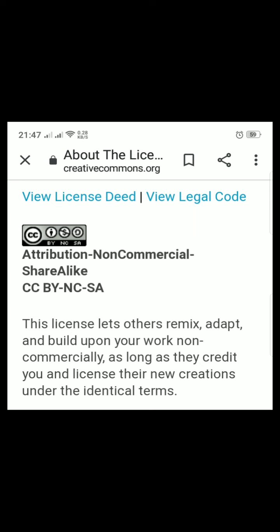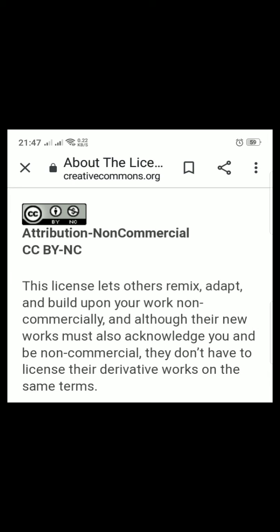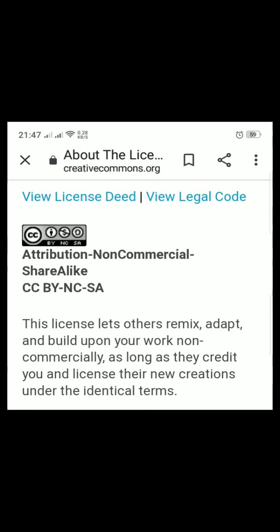So they cannot modify the original idea of that particular resource. They will use it as it is and for non-commercial purposes. In the previous one, they could have made some changes. Here they cannot make changes in it.